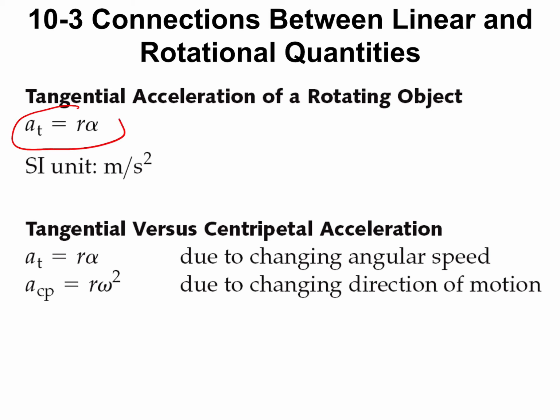For any rotational motion, you have two accelerations. One is tangential acceleration, which can be zero. If tangential acceleration is zero, then you have uniform circular motion.